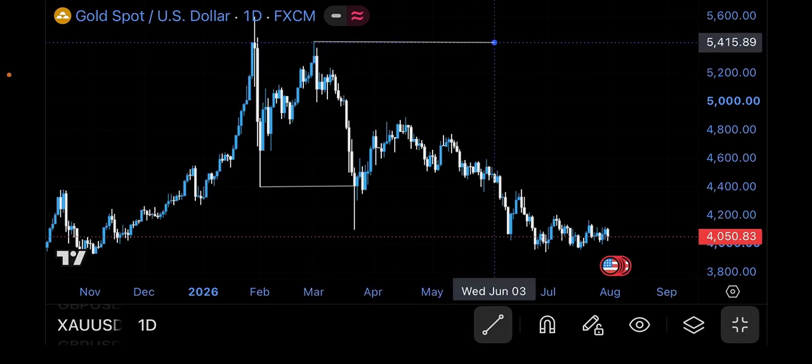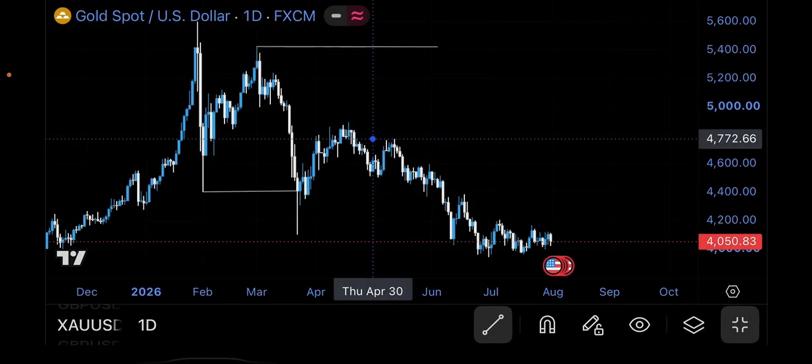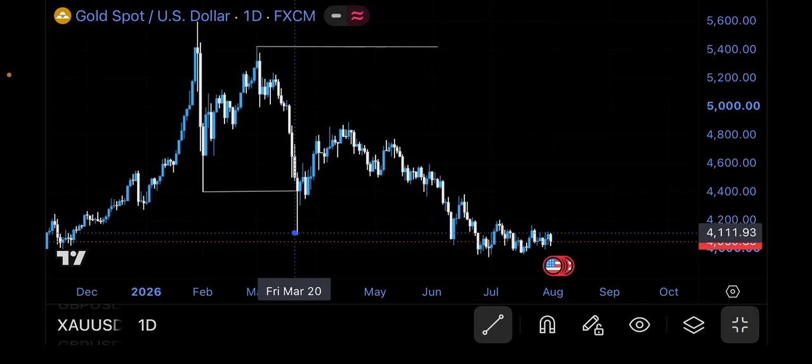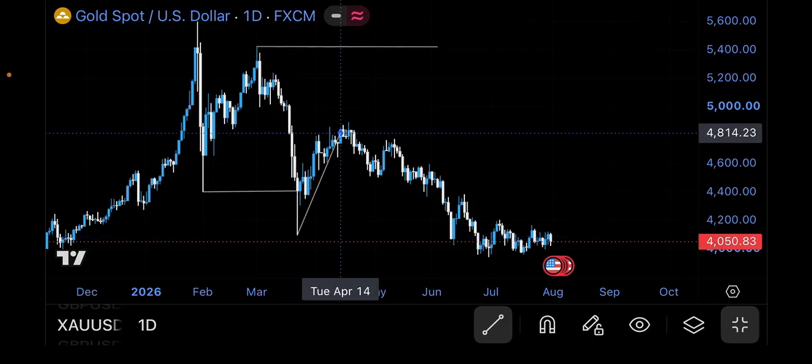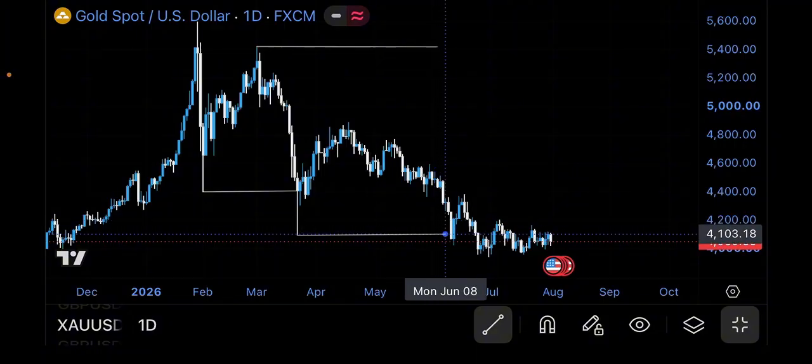Here becomes our daily high. Now if here is our daily high, a pullback occurred at this level. A pullback occurred at this level, and another break of structure happened here.